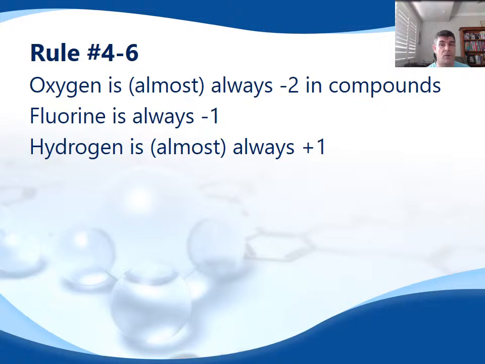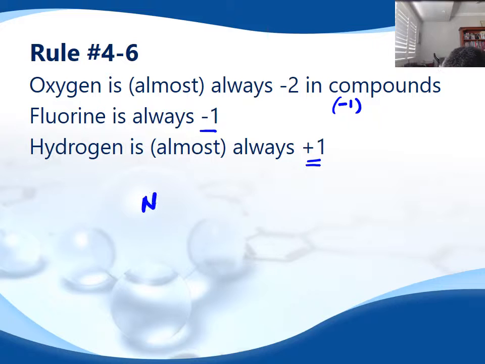Oxygen is almost always -2 in compounds. We did look at the exception to that, which was the peroxide ion, the H2O2, where oxygen actually takes a -1 charge. But almost always you can assume oxygen is going to be -2. Fluorine is -1, and hydrogen is almost always +1, and then there are exceptions.